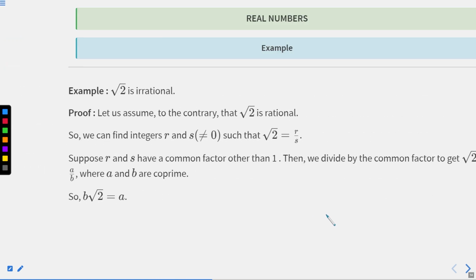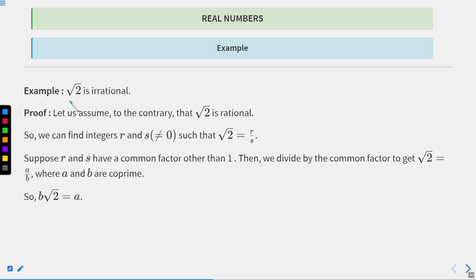So we have to show root 2 is an irrational number. First, let us assume to the contrary that root 2 is a rational number. So we consider its opposite: we have to show root 2 is irrational, but we assume root 2 is rational. Then we can find integers r and s, with s not 0, such that root 2 is r over s.